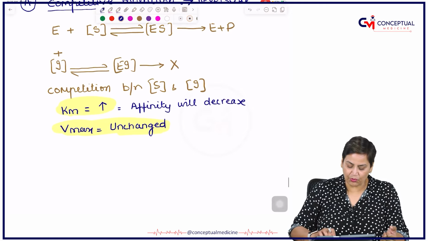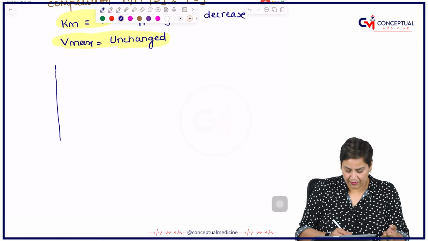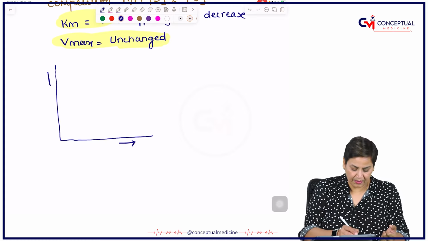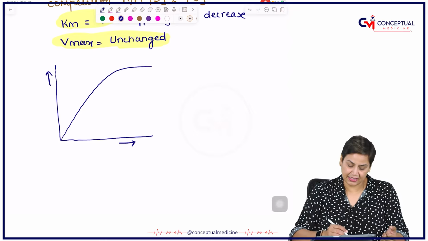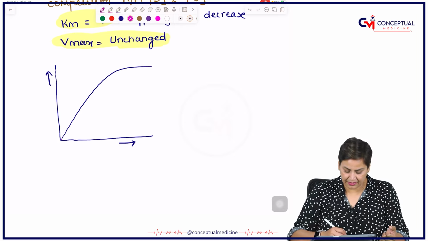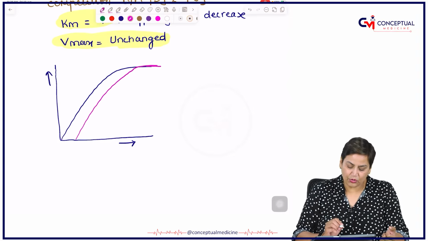And if we have to plot a graph, if I talk about the Michaelis-Menten graph, it will attain a plateau like this, and in the presence of the inhibitor, it will be like this.